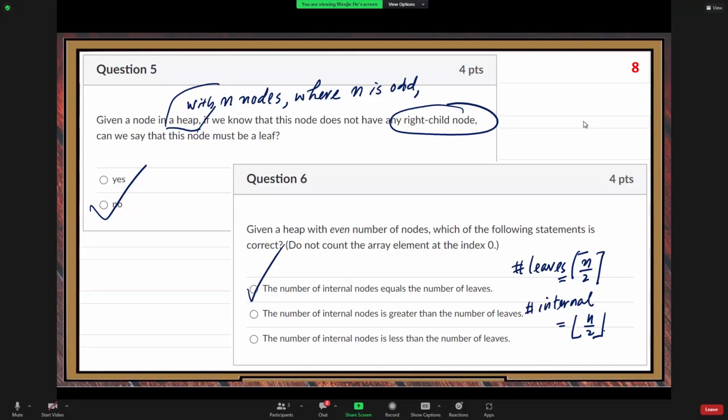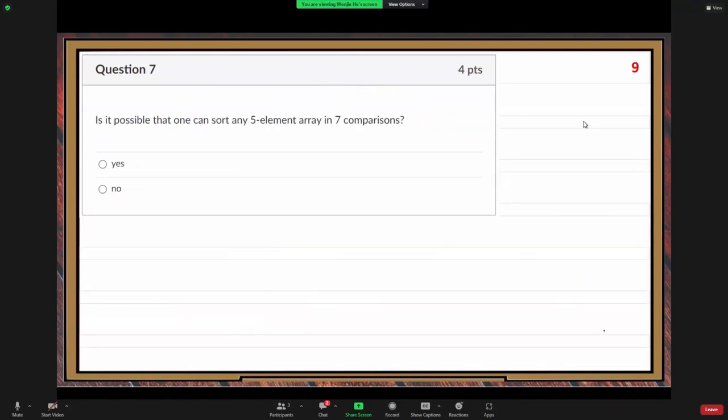All right. Number 7, is it possible that one can sort a 5-element array in 7 comparisons? Yes, right? I did it. But before I did it, remember this quiz I actually gave you before I made that video.